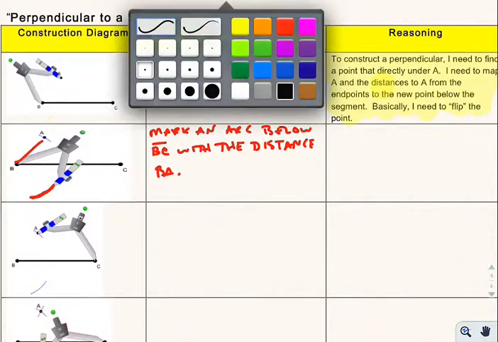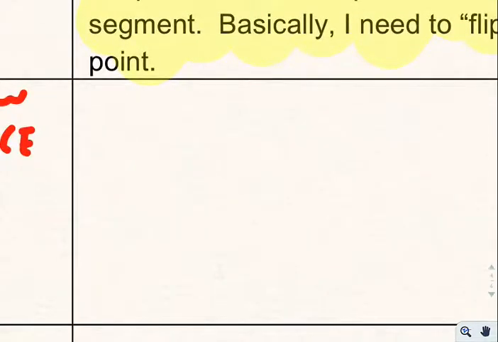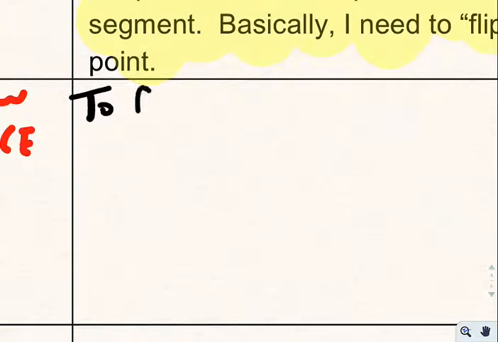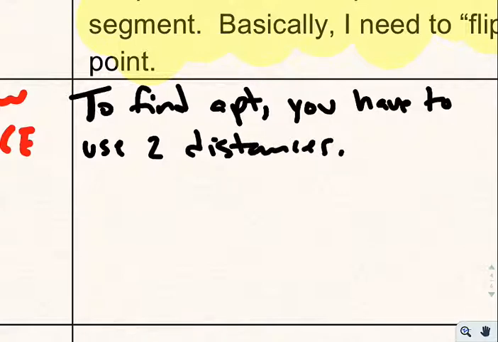Now let's think about why I'm doing that. The reason is that to find a point, you have to use two distances, in this case from either endpoint.